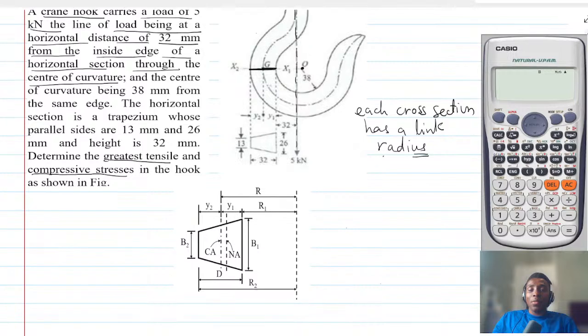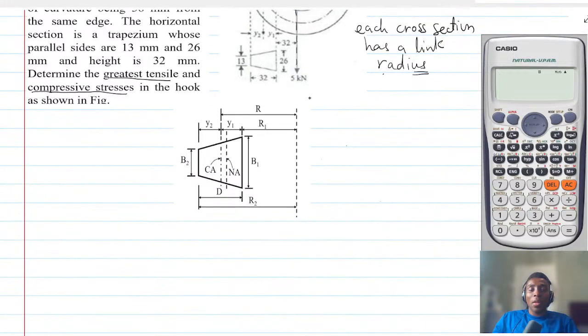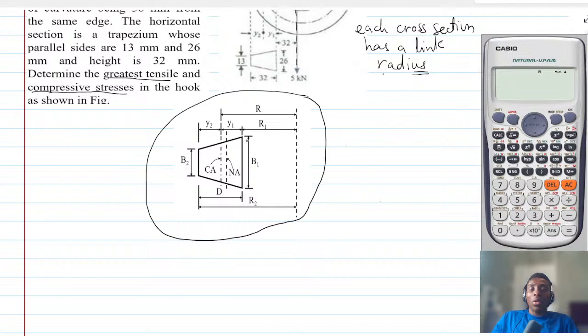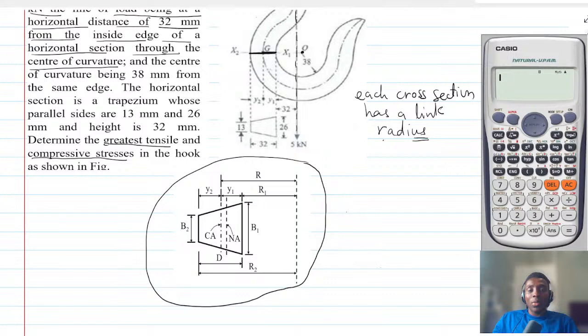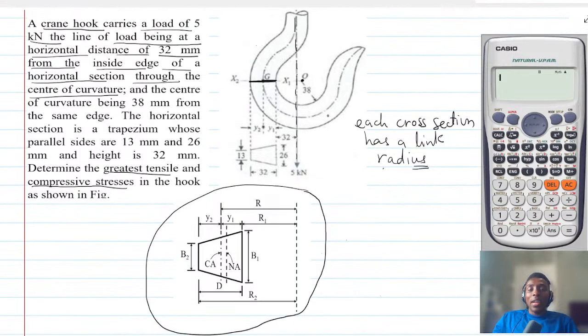Now if we look at this figure here, you will clearly see this figure which we have here. That is where I want us to look right now. So let's define some terms.